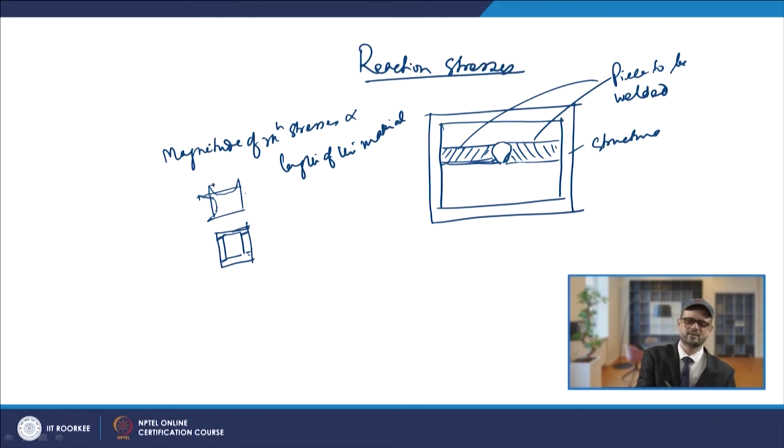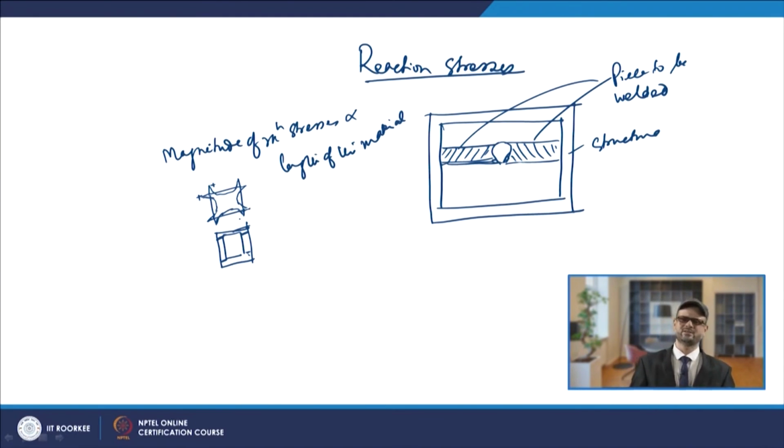That way you can predict the development of the stresses in the case of box shape. Similarly, in the case of H shape you also have some stress distribution. That is the type of stress distribution.